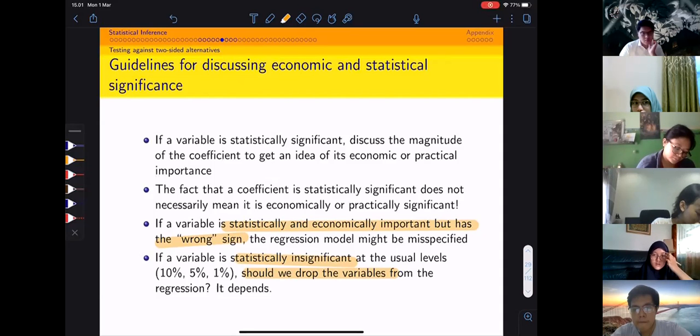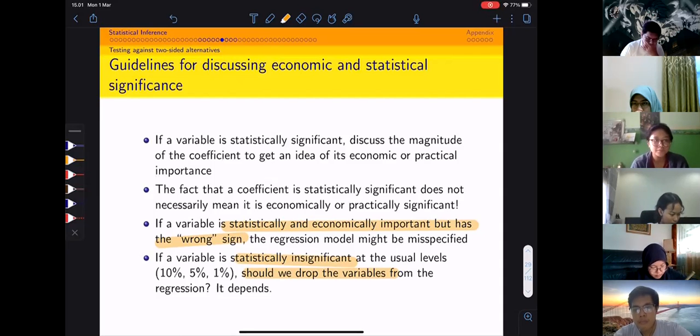So if you want to include an explanatory variable in your regression, you should base it on the theory, and you should also base it on the previous literature. And even after you base it on the theory and the literature, if you still get a statistically insignificant variable, then you shouldn't drop it.